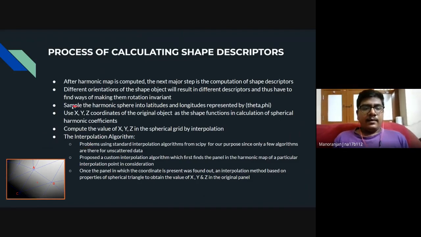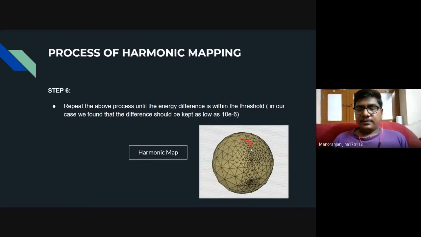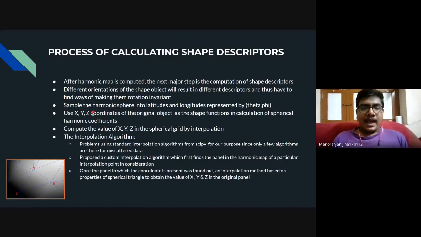What we are trying to do is sample the harmonic sphere into latitudes and longitudes. This sphere will be sampled across different points, represented by theta comma phi.